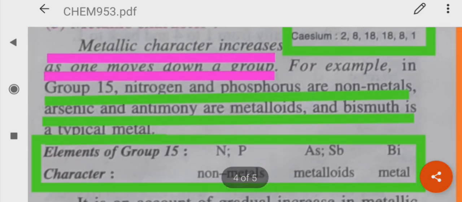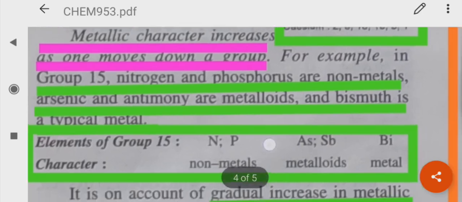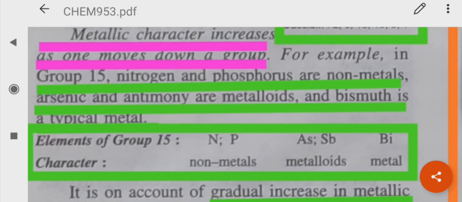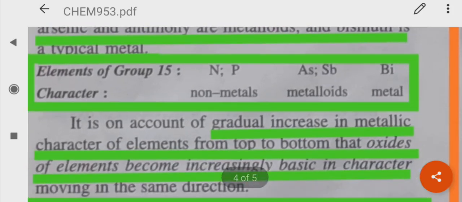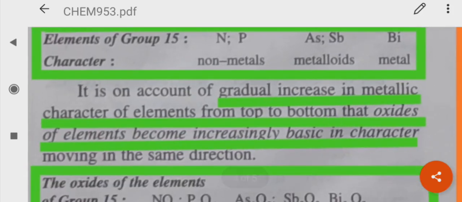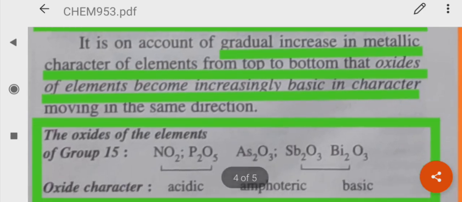For example, in group 15, nitrogen and phosphorus are non-metals, arsenic and antimony are metalloids, and bismuth is a typical metal. So it is on account of the gradually increasing metallic character of elements from top to bottom that oxides of elements become basic in character as we move down the group of the periodic table.